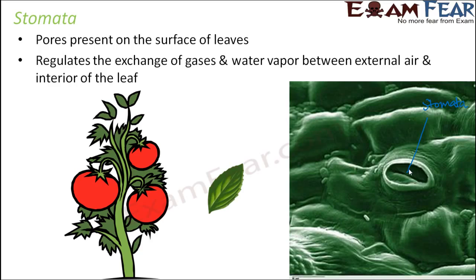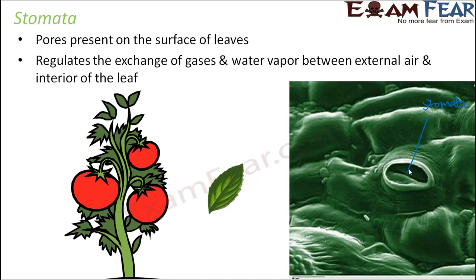Correct? So these stomata are also like the windows of your house. They open and close, and that's how they regulate the exchange of gases. They regulate means they take in an appropriate amount of gases, they give out an appropriate amount of gases. So they maintain the balance of gases and water vapor between the external environment and the inside of the leaf.